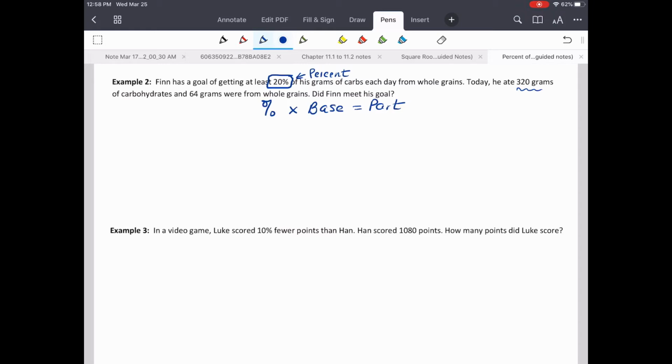All right, so let's set all this up. We've got 20%, and I'm going to go ahead and change that to a decimal right away. So 0.2 or 0.20, 20 hundredths or 2 tenths. And then you're going to multiply that by the base, which was 320. Now, this one's a little tricky.